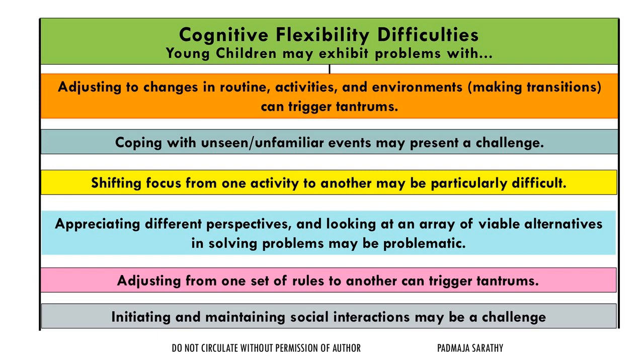And adjusting to different sets of rules. Once you go into the assembly hall, you have to be quiet, but you can be loud in the playground. That may be difficult for children, and especially for children with autism. And I have noticed this in children who are blind or visually impaired, to initiate communication.